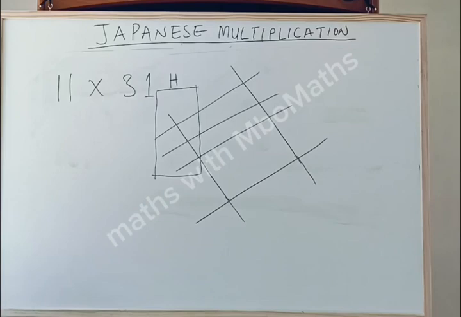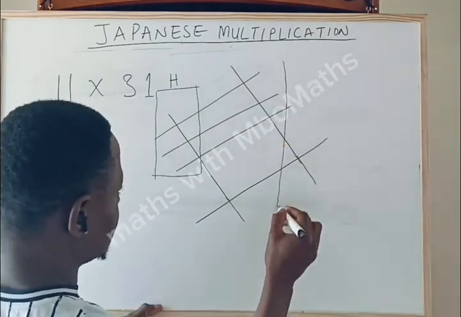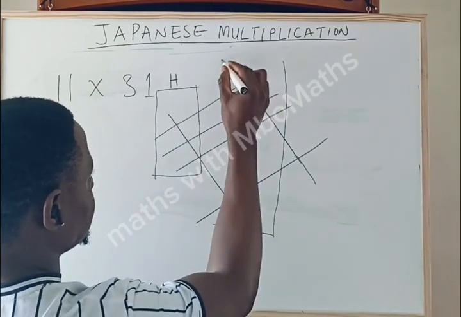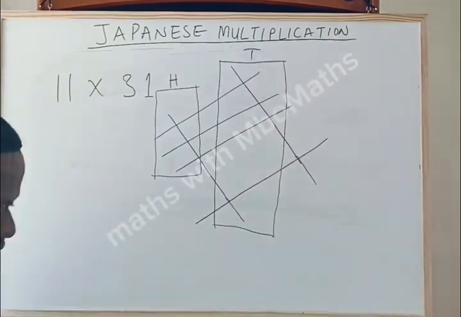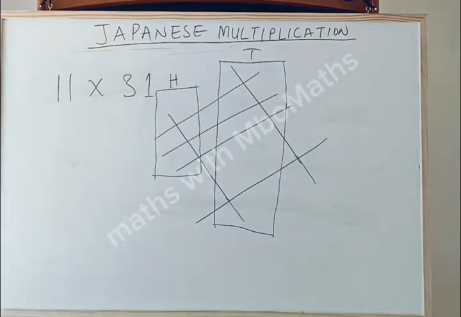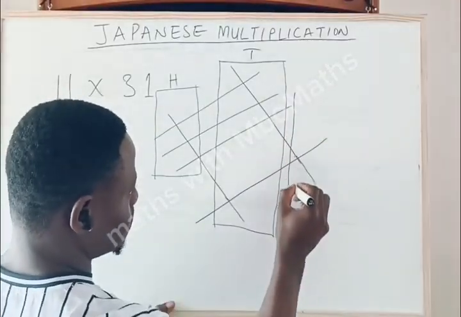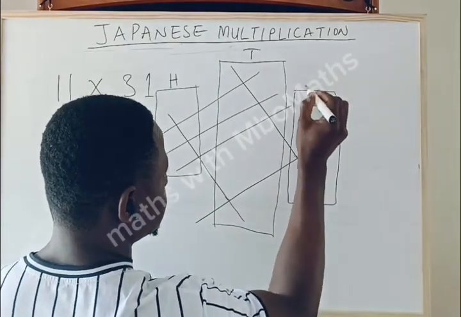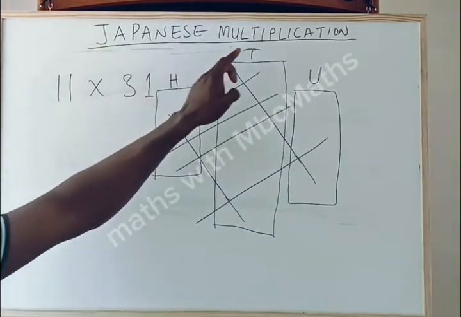These are hundreds. See these ones in the middle, they go together. This is our tens. So this last one, our units. So we have hundreds, tens and units.